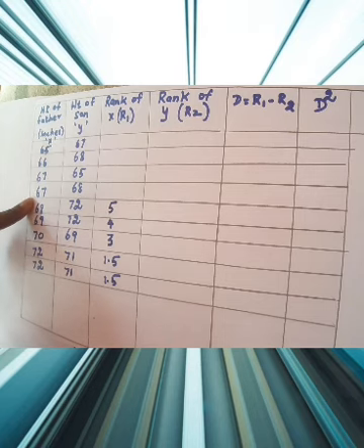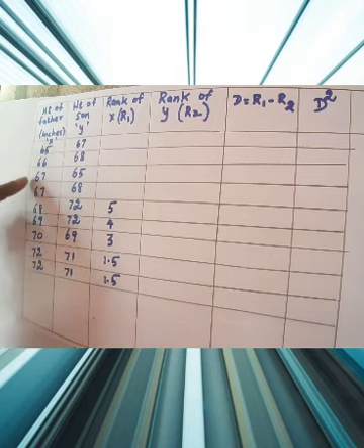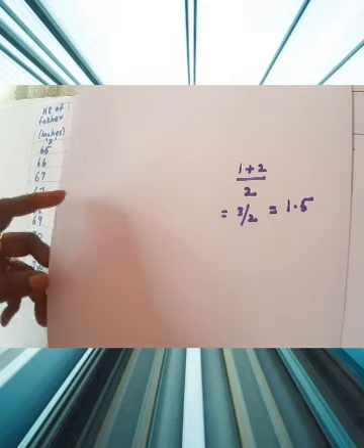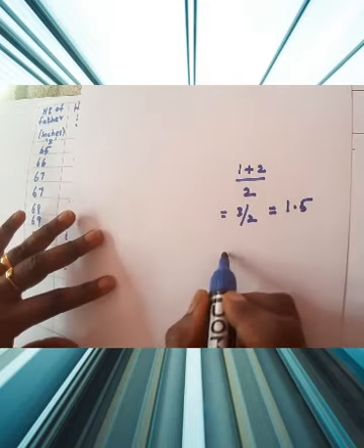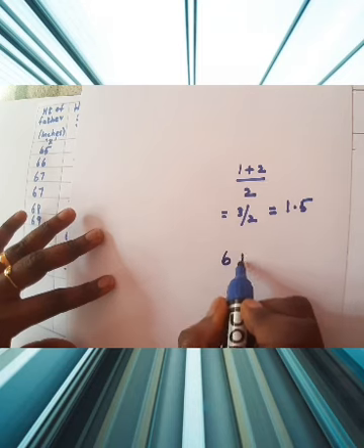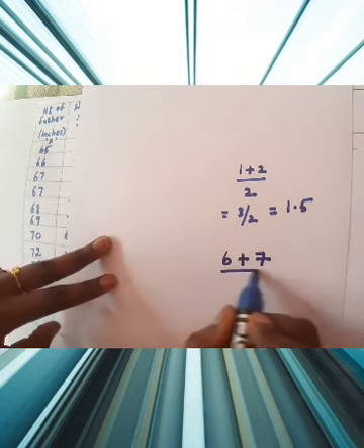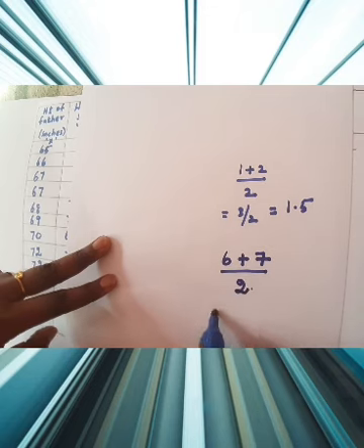Now sixth position, there is a tiebreaker between the two individuals. So for that, how we are going to calculate, students? Sixth position plus seventh position, because it's been shared by two people, so we have to find the average, divided by 2.